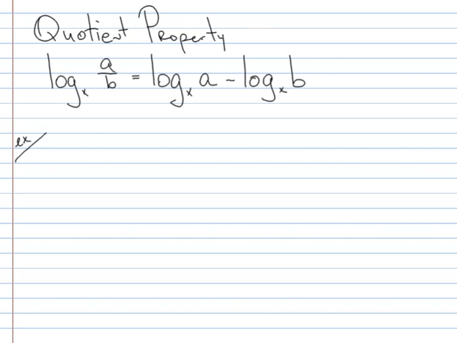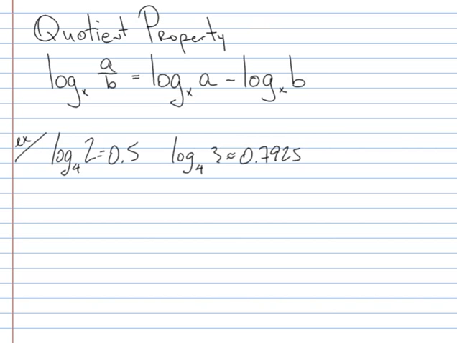So they're going to tell us that we have log base 4 of 2 is equal to 0.5. The log base 4 of 3 is approximately 0.7925. And then they would give us a problem like this.